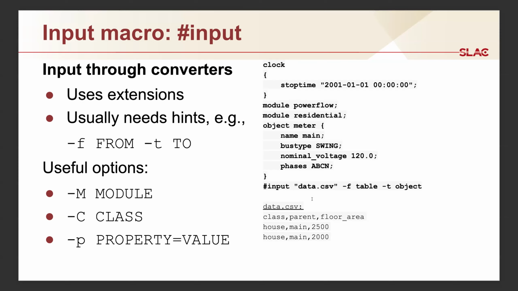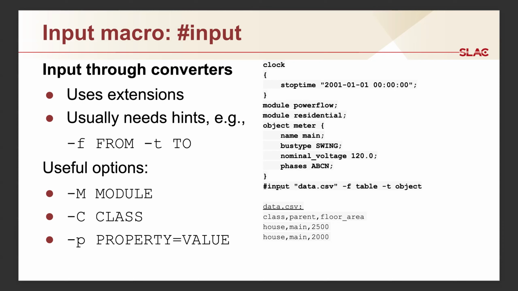So here's an example of inputting a CSV file from the table semantics and outputting to an object semantics. And you can see the CSV file specifies the class, the parent, the floor area. What it's doing is creating objects called house that belong to the parent main and have a square footage of 2,500 square feet.